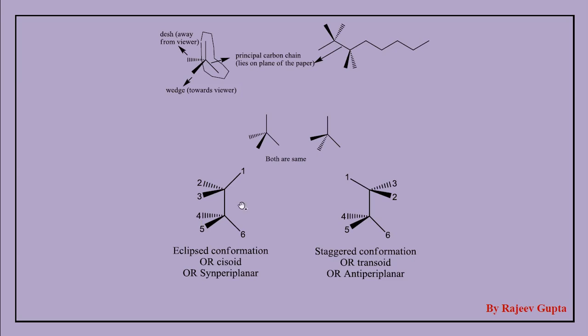So what we actually want to see in these structures, this is eclipsed conformation. Actually this is eclipsed conformation or cissoid conformation or syn-periplanar conformation. It means here we have to see the dihedral angle between these two groups.